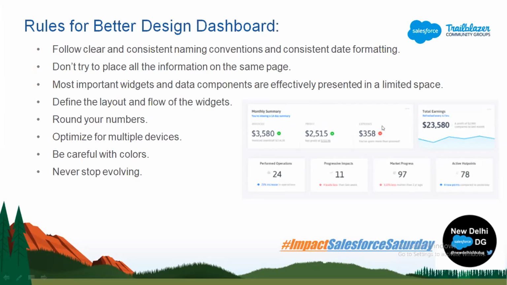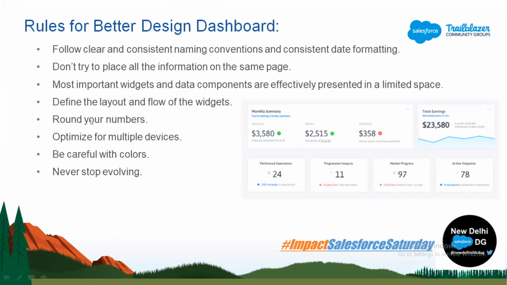So your most important widgets or data components should be shown highlighted, in a different representation from the other KPIs, which will attract attention when you are loading the dashboard. You will see your most important KPIs in a second, and it will look very interactive and attractive.